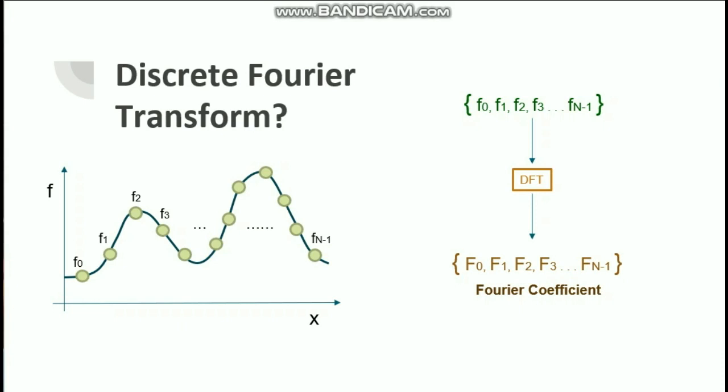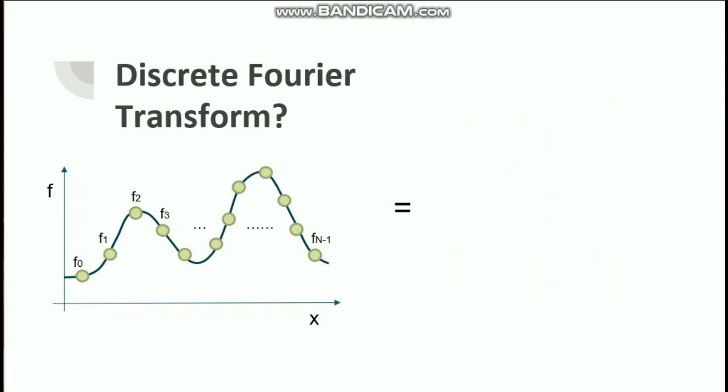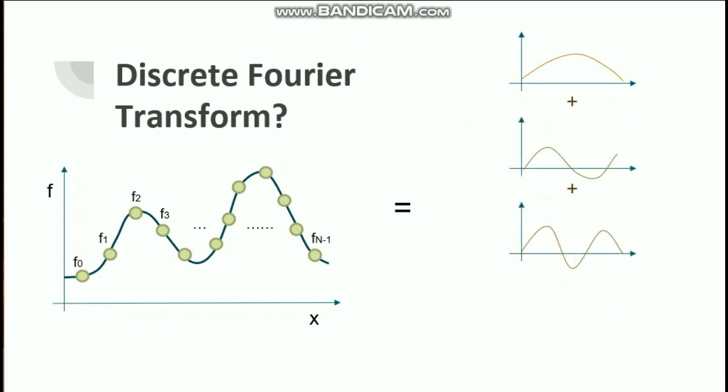So the entire idea is that we can take the function f and write it as a sum of a bunch of functions of sines and cosines. This bunch of sines and cosines multiplied by coefficients will result in the original function f. And those coefficients are our Fourier coefficients.